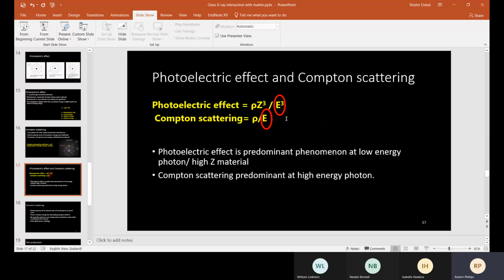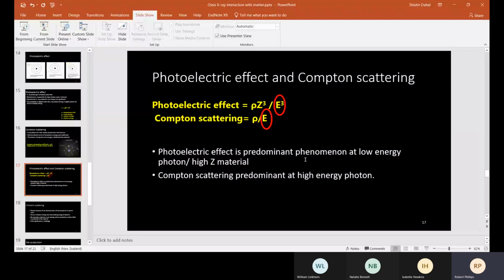I would like to focus you on these two red circles. If you see, the photoelectric effect is inversely proportional to the cube of X-ray energy, whereas Compton scattering is inversely proportional, but only to the energy of the photon. What does it mean? It's very significant.